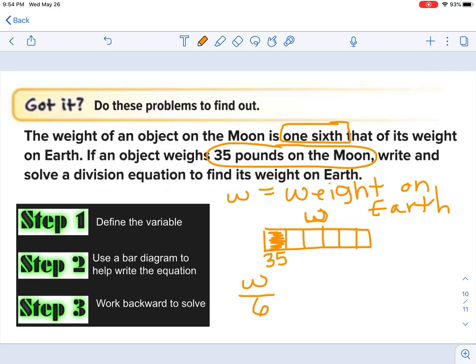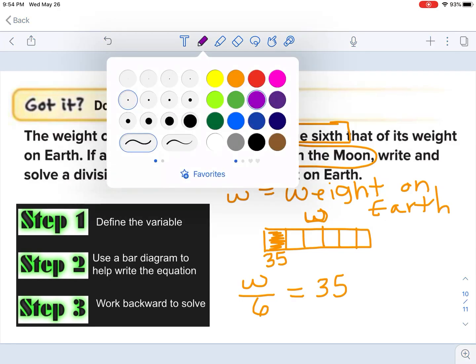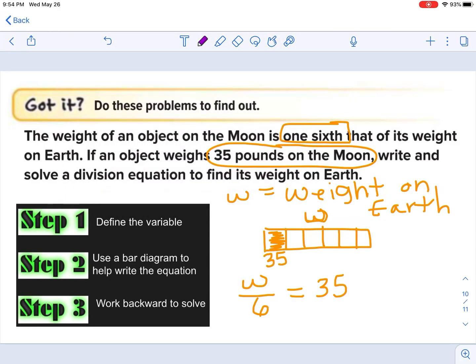So look at my bar diagram. I broke it up into 6ths. And I know that the total weight that it's going to end up being on the moon is 35 pounds. These word problems with pounds can be a little bit complicated, so make sure you ask for help if you're not understanding. We're going to solve it by multiplying our 35 and our W over 6 by 6 to try to get that W by itself.